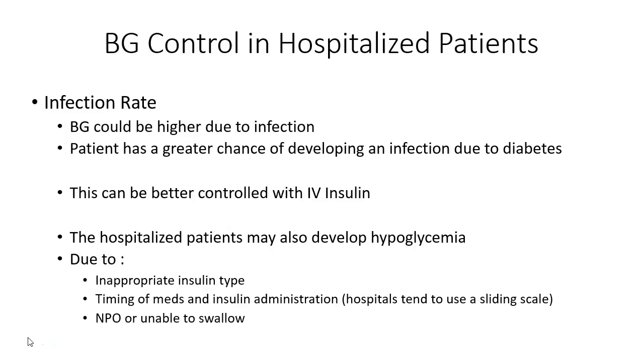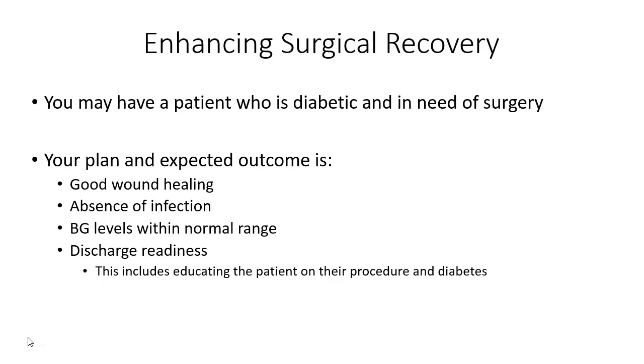I hate to sound like I'm confusing you, but keep in mind that your patient that's NPO may be hypoglycemic because they're not consuming the sugar, but remember they might be hyperglycemic because of the fat breakdown.